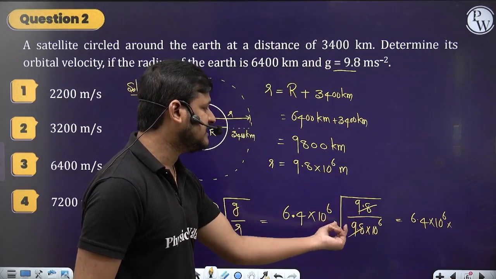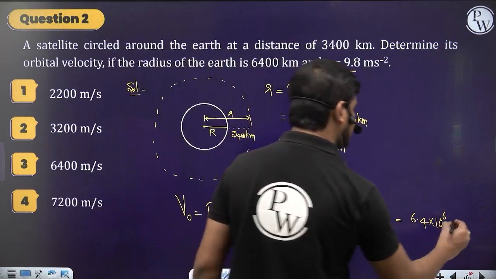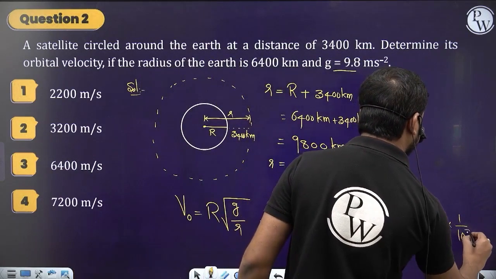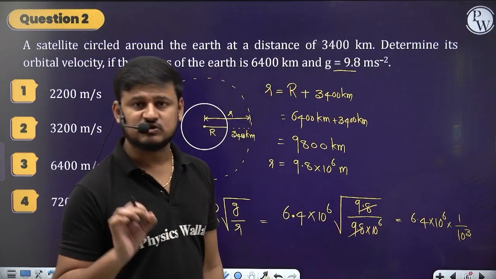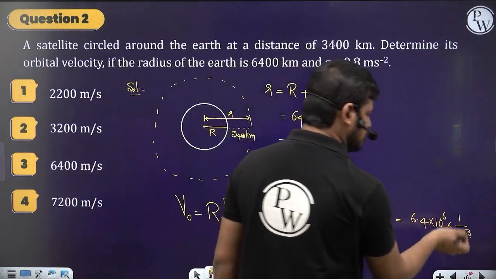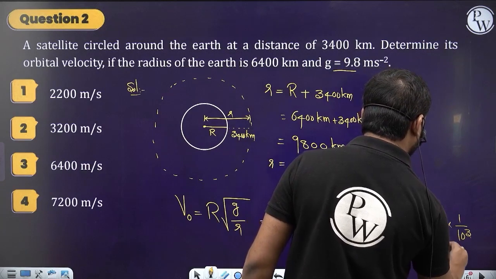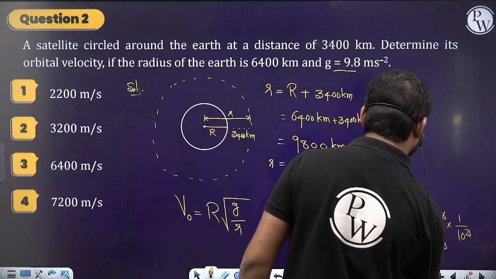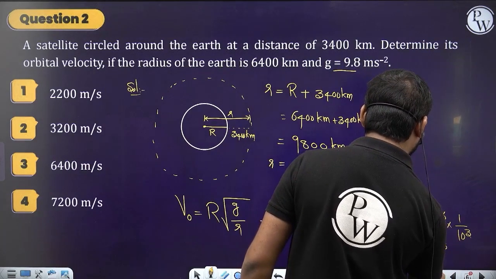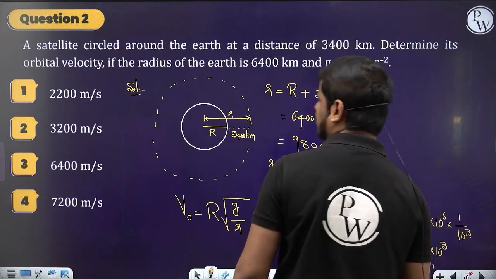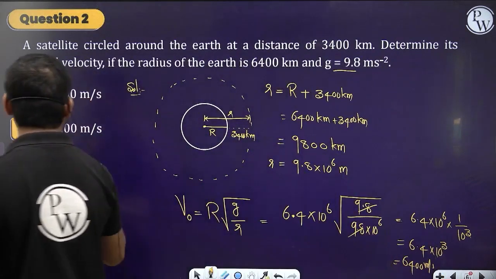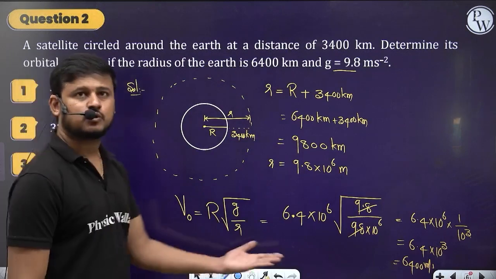So the square root gets cancelled, and I can write 1 by 10 to the power 3 here. Simple calculations, always do the simple calculations. So send it upside, 6.4 into 10 to the power 3, which is nothing but 6400 meter per second. Option 3 is the correct one.